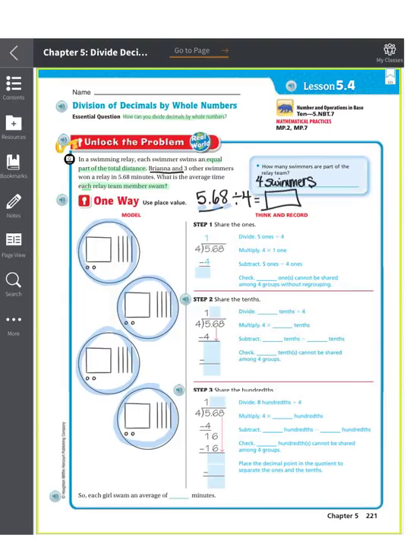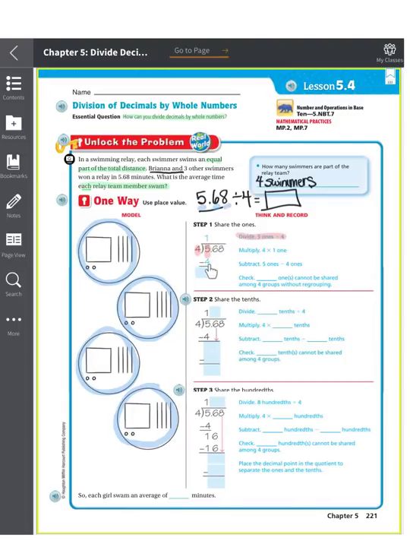So remember, you start by dividing the ones. So we're going to divide 5 by 4, and we get 1. So we put our 1 here above the little house. That's showing that 5 divided by 4 is equal to 1.